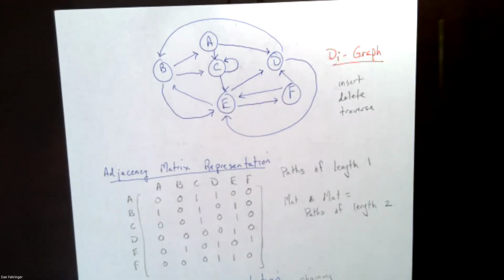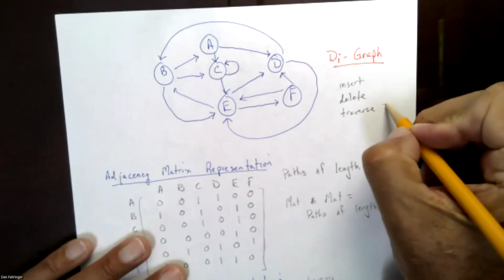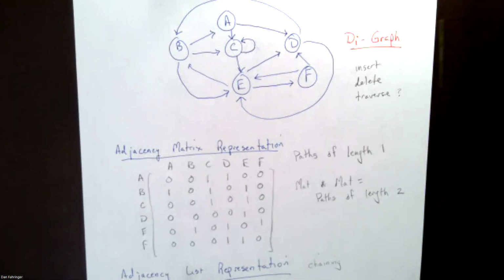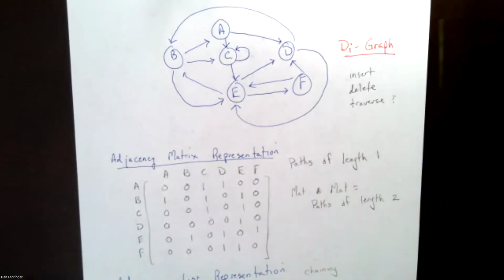We don't have a root. We don't have a top. Where do you want to start? Yeah, I see your point. We could start almost anywhere. Hopefully a couple of you are going, yeah, we can do a breadth traversal or a depth traversal.